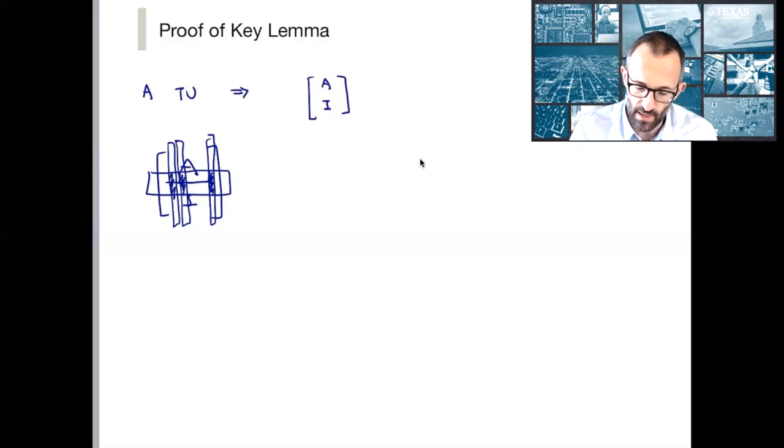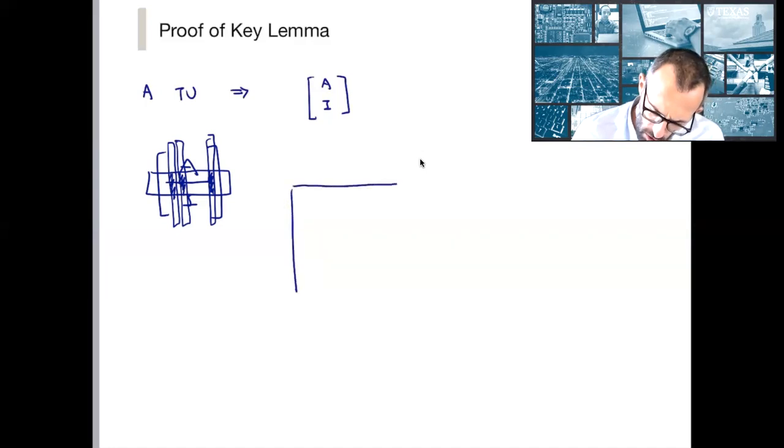So what is this submatrix going to look like? It will certainly include some rows of I, otherwise the result is immediate. Let me redraw this again, just to make it more clear.